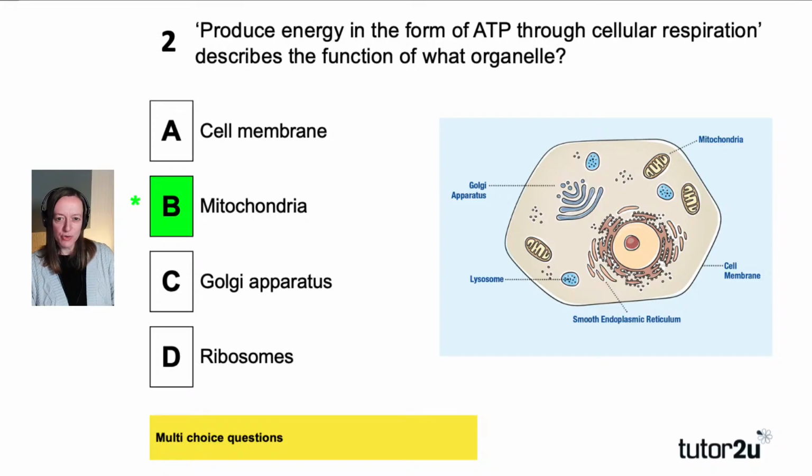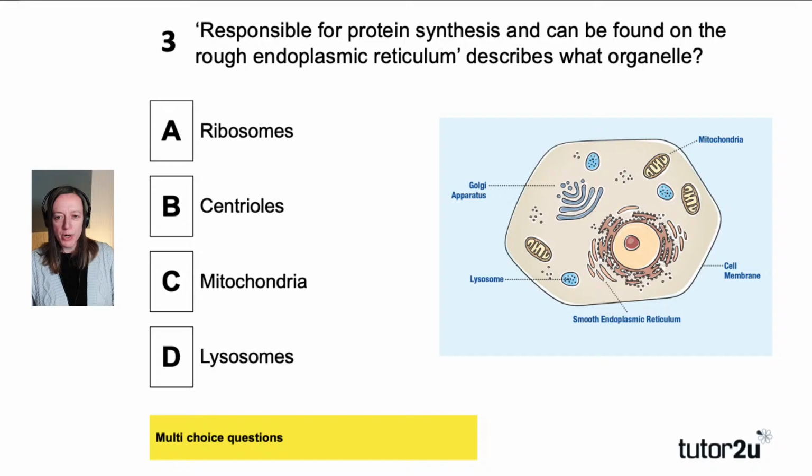Okay, question 3. Responsible for protein synthesis and can be found on the rough endoplasmic reticulum, describes what organelle? Is it A, ribosomes, B, centrioles, C, mitochondria, or D, lysosomes? Let's see what guesses we're getting.